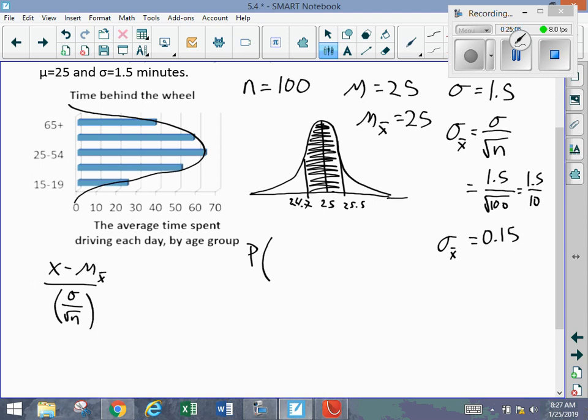So we're looking for the probability that z is between 24.7 minus 25 over 0.15 and 25.5 minus 25 over 0.15.